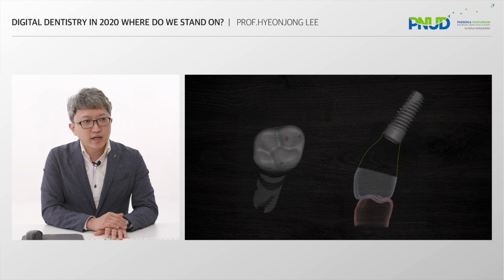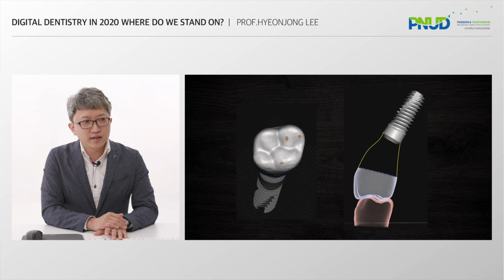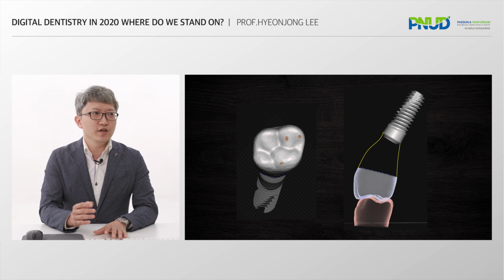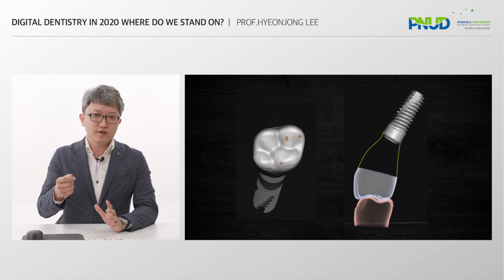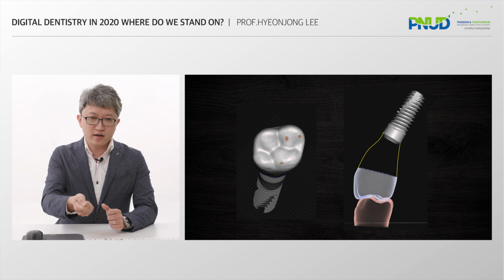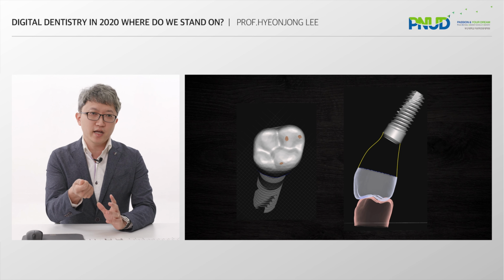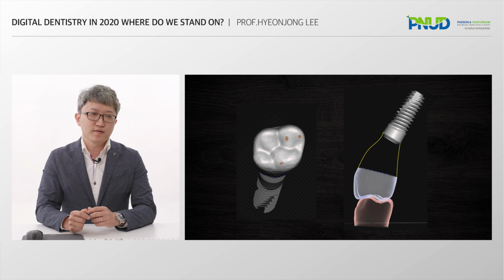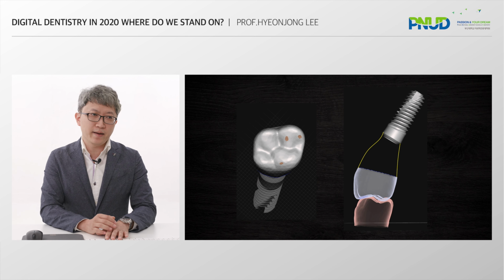So actually, for me and maybe for all of you, we just scan or take an impression for a single implant crown, and we send the data to the dental lab.